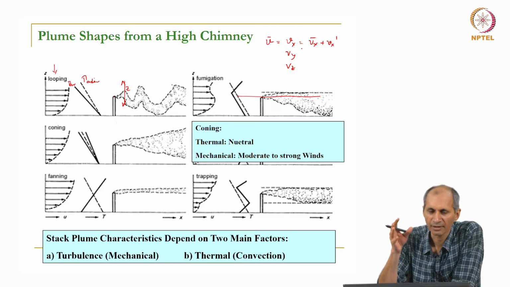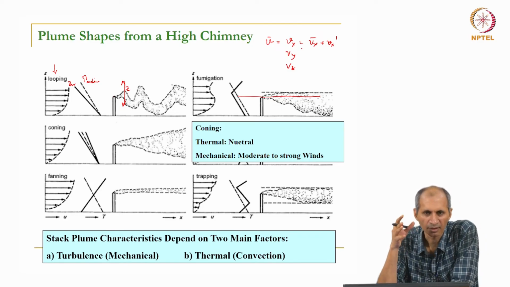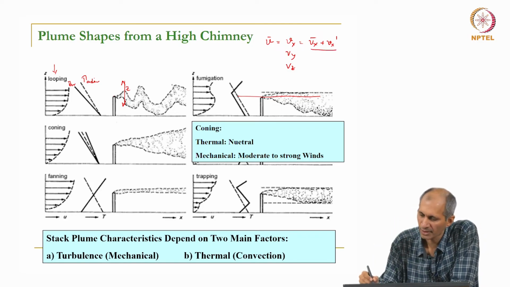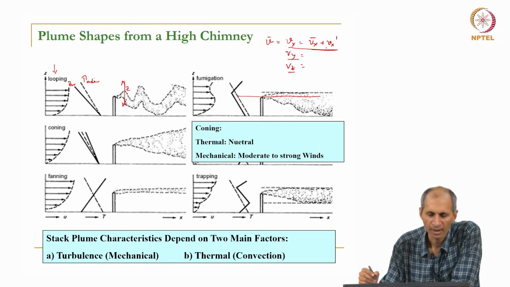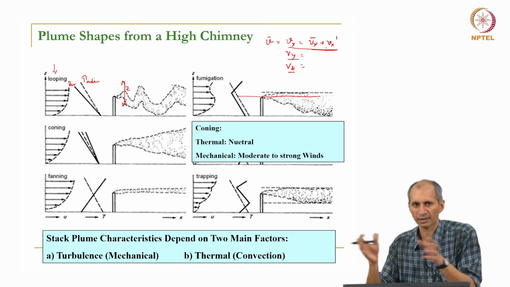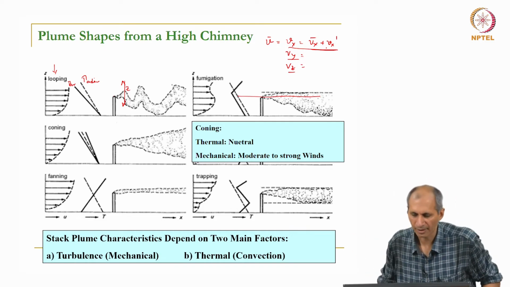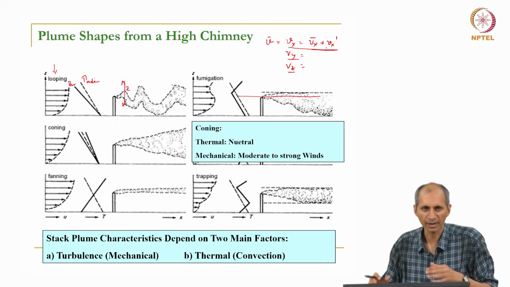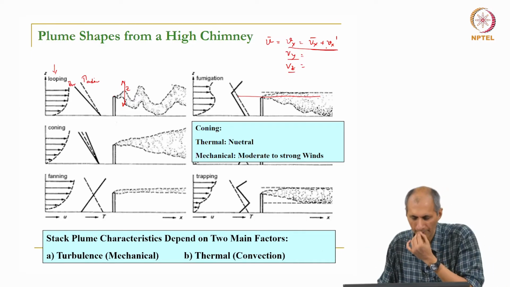The velocity is not just one single average number; it is a combination of the mean and the fluctuation. This is the direction of the wind, but there is also a fluctuation in the other two directions, and the extent of this determines the amount of mixing that happens. In general terms this is called dispersion.